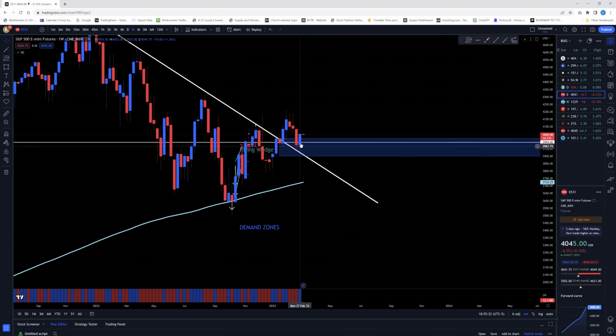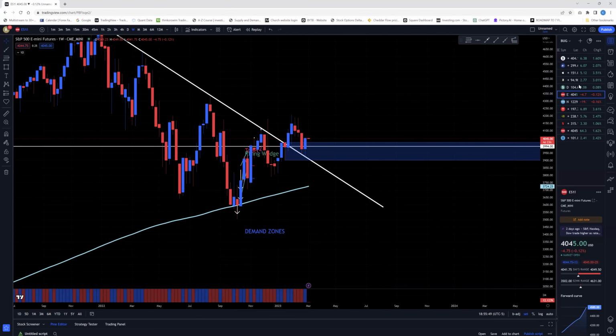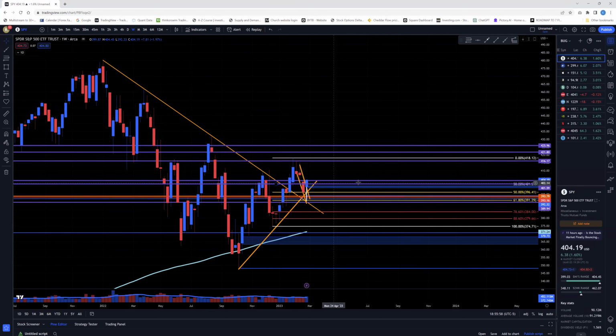It hit here and continued to bounce up, also at a strong area. This white line I have is a key level here. So it looks like everything is going to continue to go up for the ES, and the ES is typically like SPY. You take the ES number, which is at 4045, and divide it by 100, and that gives you the SPY number, because SPY is right at 404. So they typically go hand in hand.